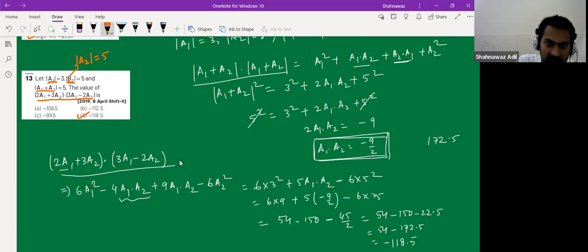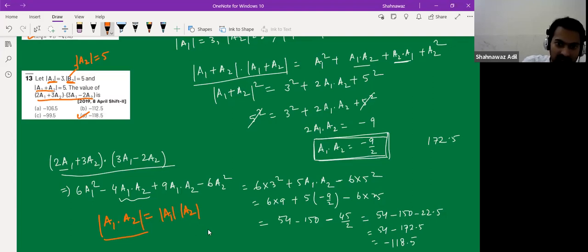No, because your A1 dot A2 is not equal to A1 times A2. In a dot product, you cannot resolve it like that.